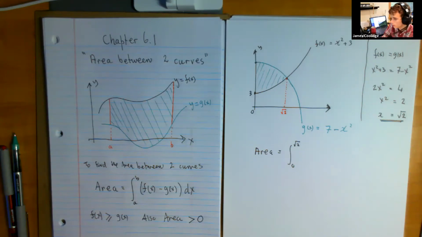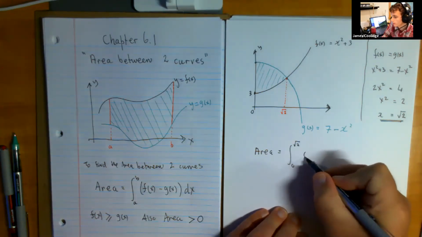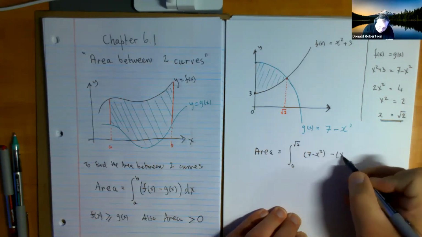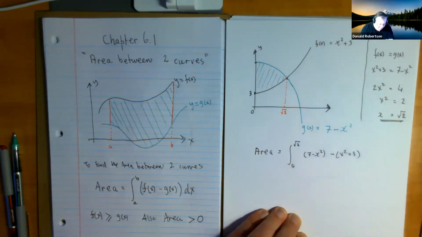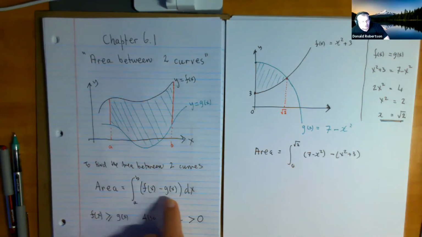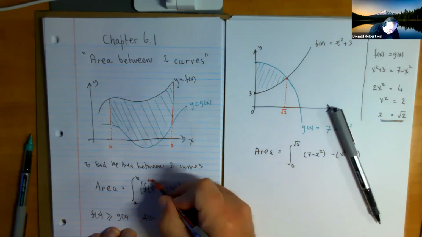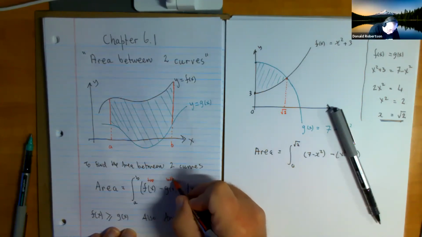It's g of x take away f of x. Okay, so in this case, it's 7 minus x squared, take away the x squared plus 3. So I don't want you to think of these as f and g. It's much better to think of this as top one and bottom one or something, right?